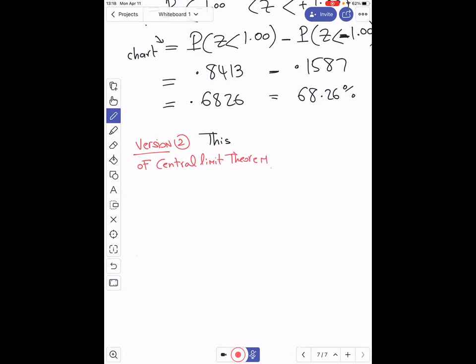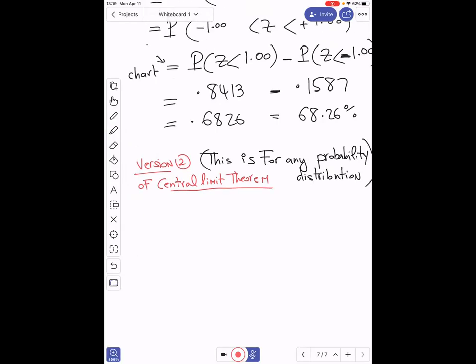It doesn't have to be a normal distribution. So this is for any probability distribution. Okay.